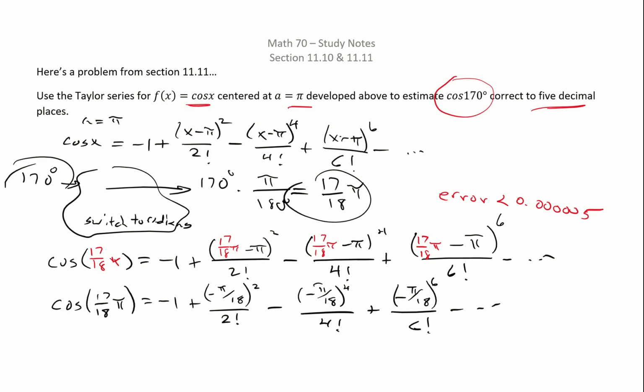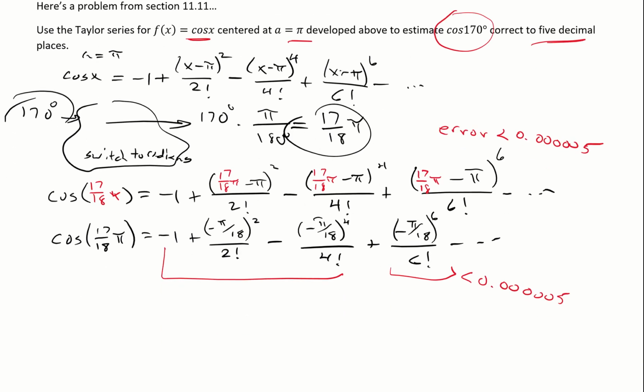Well, yours truly did this problem also, and he found that this guy was the first one that was less than 0.000005. So the summation is this, and I won't bother to write it out again. I'll just simply say that cosine of 170 degrees, now I'm cleaning it up for the folks around us, is approximately, and then you add, this is your sum right here, these three terms.